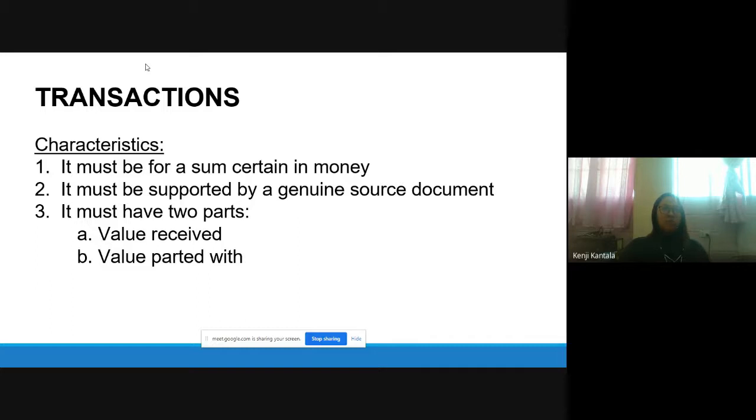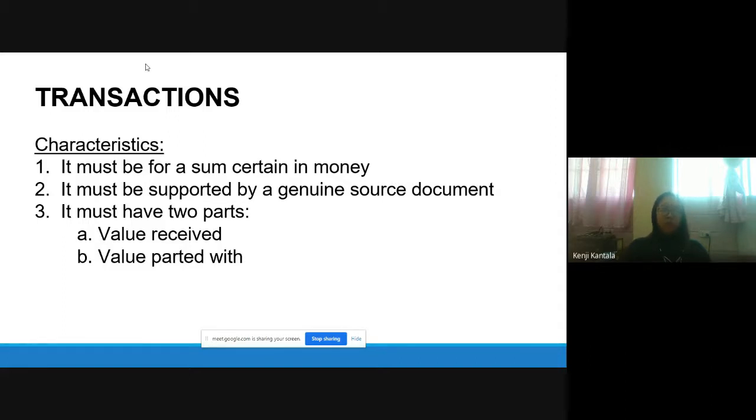So what's the difference between events and transactions? So with transactions, there are 3 characteristics that should be present. Number 1, it must be for a sum certain in money. What do we mean by it must be for a sum certain in money? Kailangan may value siya. Kailangan may amount na involved.